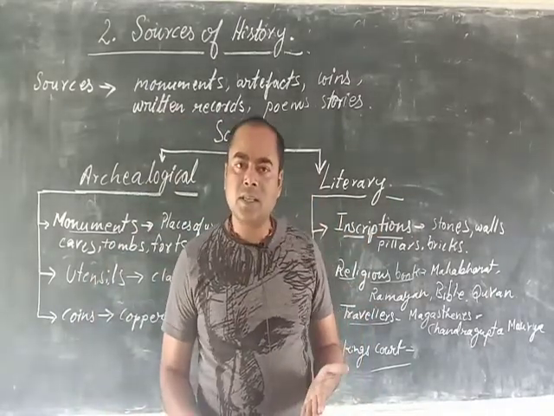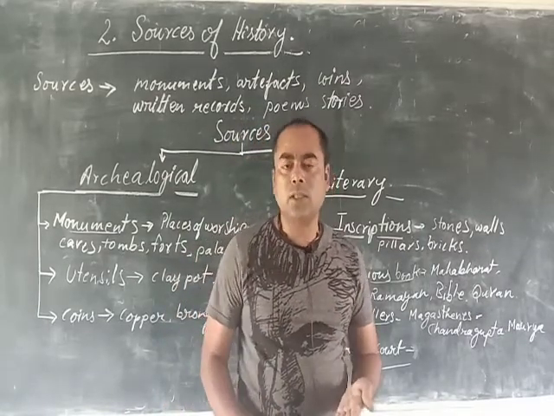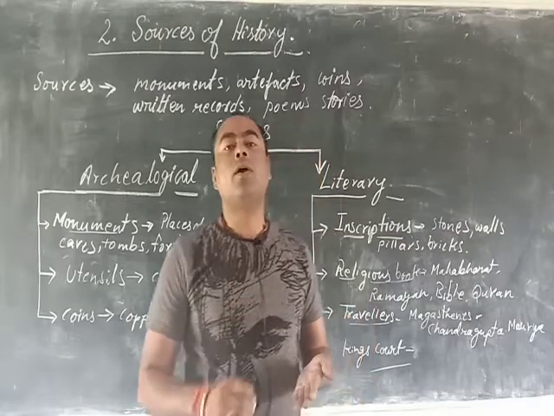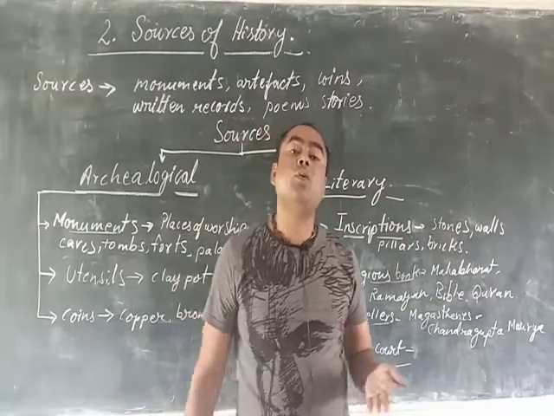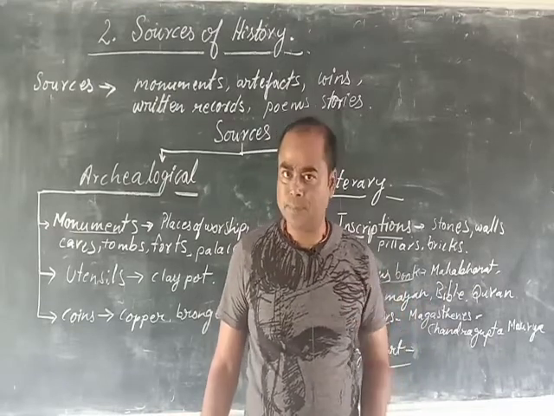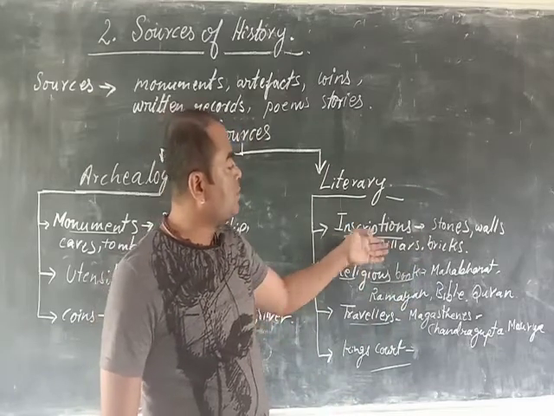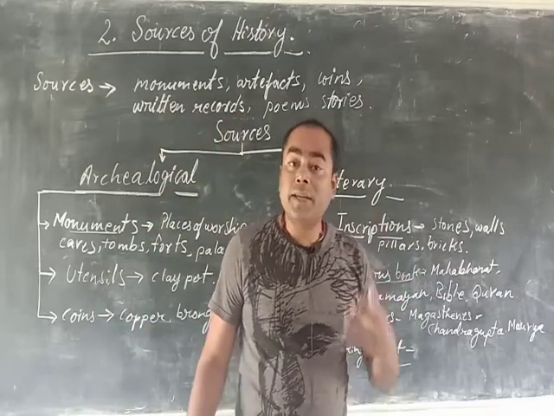Literary sources means the sources which are in written record. The sources which are in written record in any language are known as literary sources, which give us information about history. Among the literary sources, number one is inscriptions. What are inscriptions?